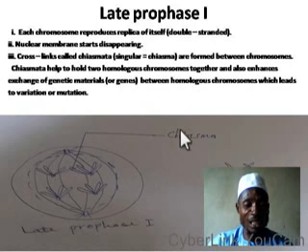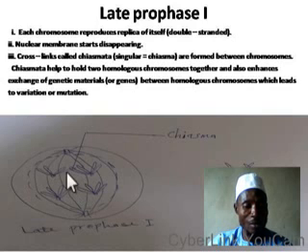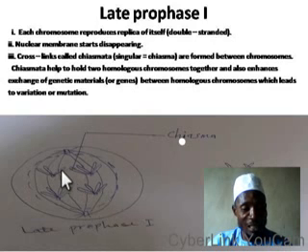So this is chiasma that links homologous chromosomes together. You can see the link together here. It is chiasma that links them together. Now, look at the genes.